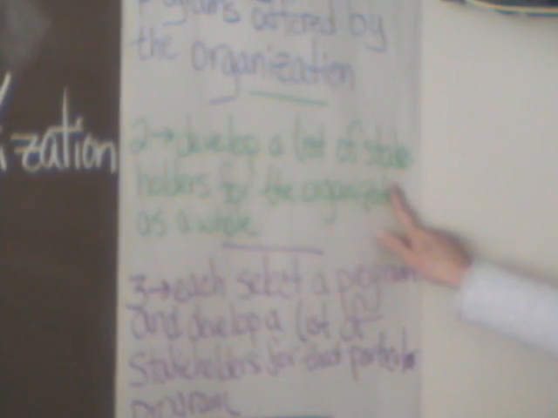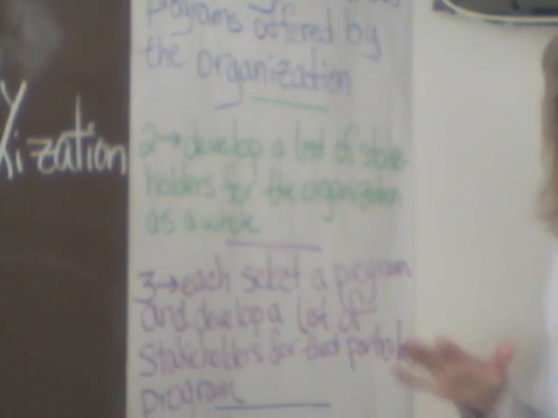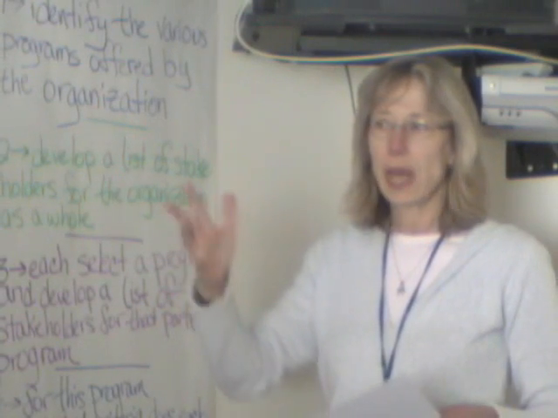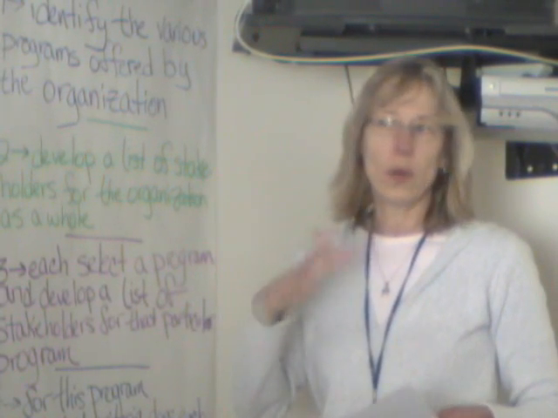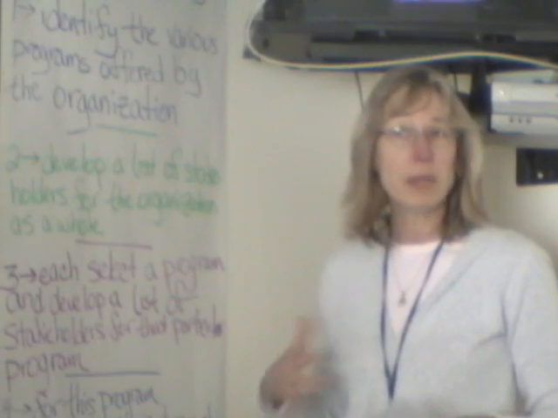Then, what I'd like you to do is to develop the stakeholders for the organization as a whole. So, you know, there's various people or categories of people that are listed in that case study, different types of clients that are engaged or influenced by those programs that you listed in item number 1.